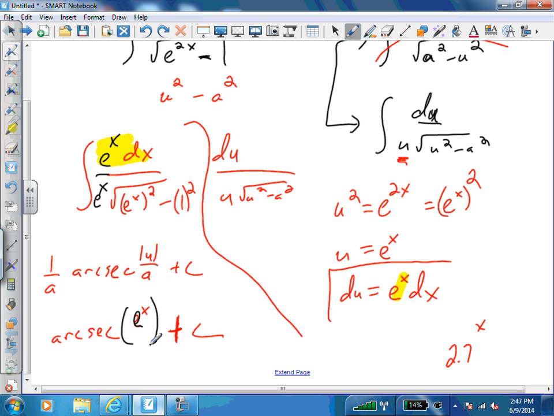So arc secant e to the x plus c. Now, granted, that's not going to happen a lot, that when we find du, if we're off by a variable, we're just going to pick that variable up on top and bottom. But that is an option, as long as we don't put the reciprocal of the variable out front.